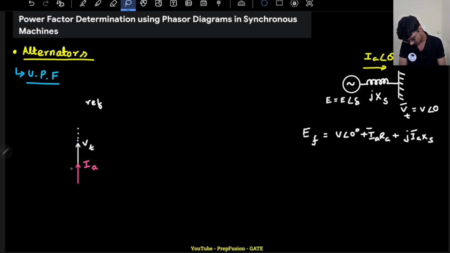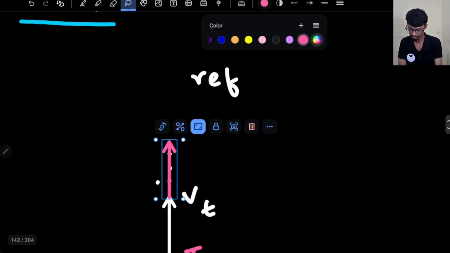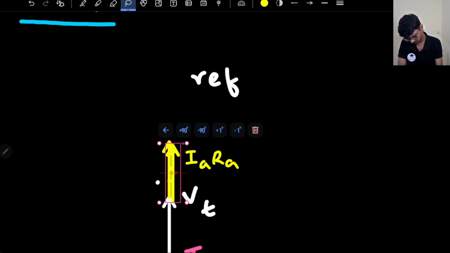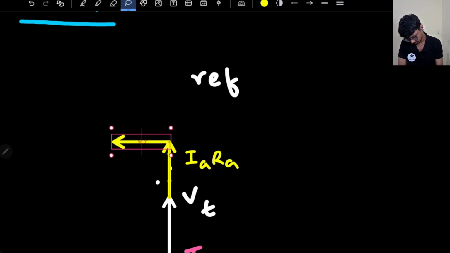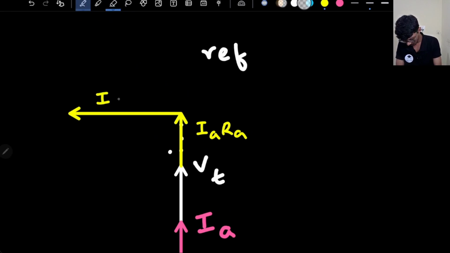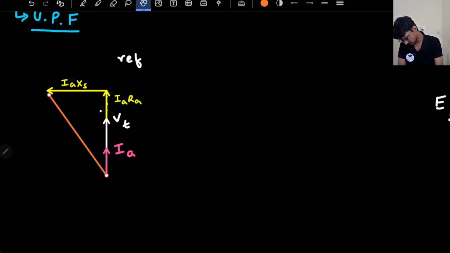It will be IRa, and this will be IaXs. Okay, so this will be my Ef at angle delta, and same equation, right?